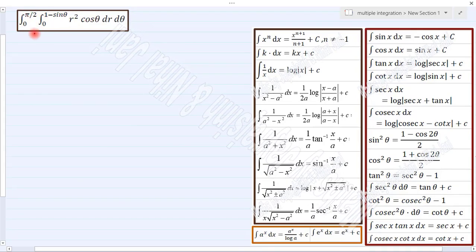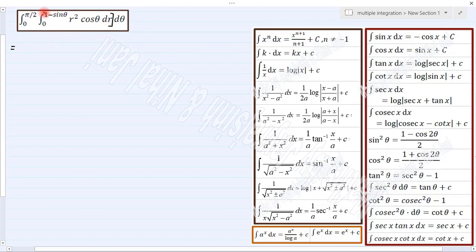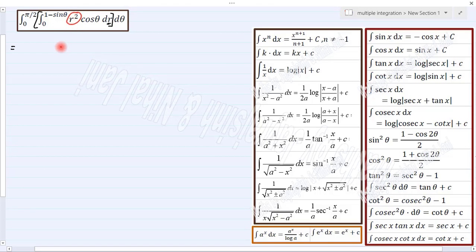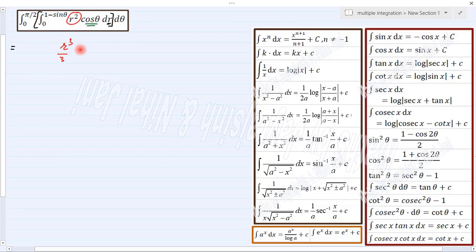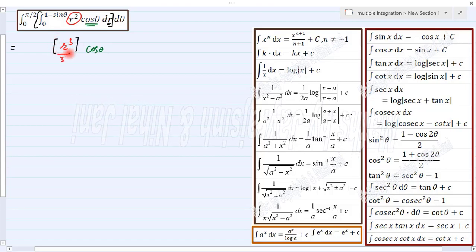Let's evaluate the double integration. First of all, let's consider the inner integration, which is with respect to r. So we will just integrate this r square as r cube by 3. We don't have to worry about this cos theta. And your limits for the inner integration are 0 to 1 minus sin theta.